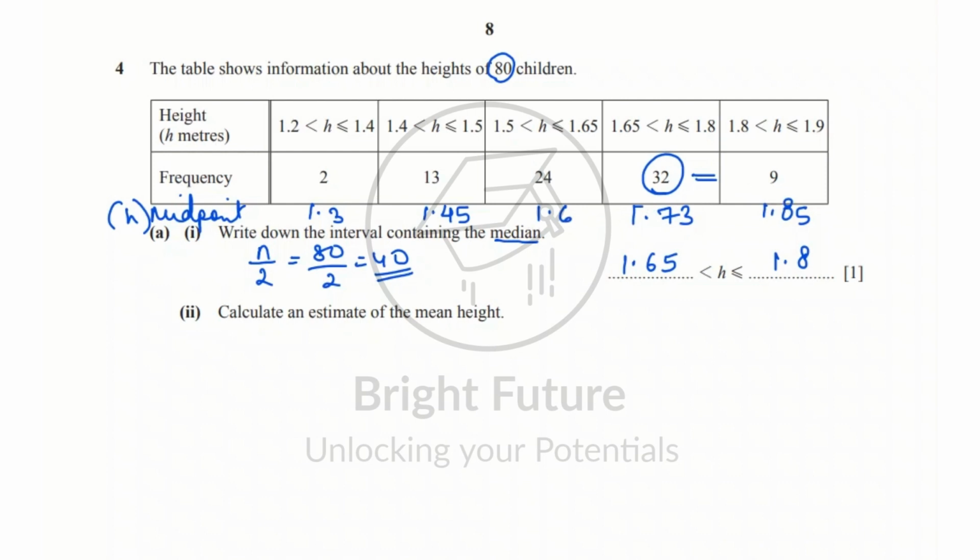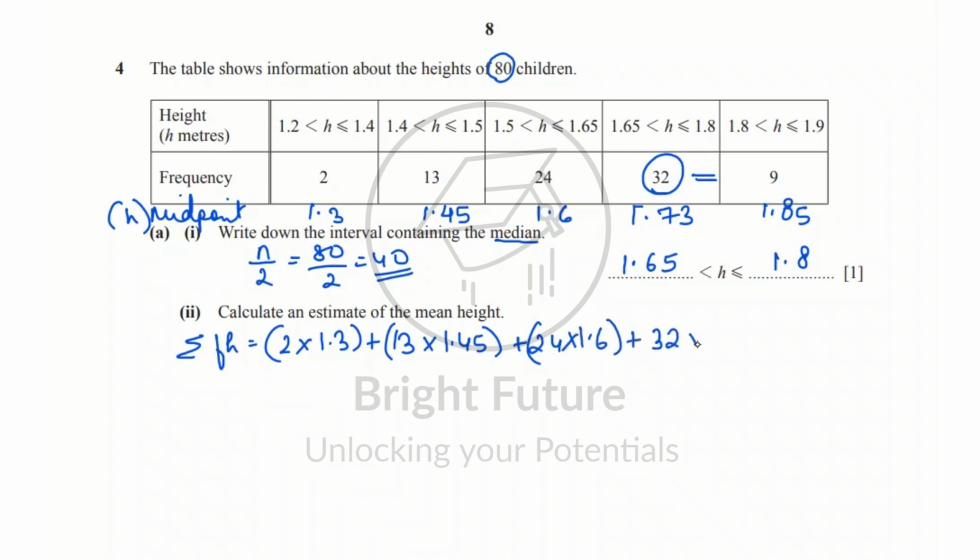Okay, so summation of f into h, so it's going to be 2 into 1.3 plus 13 into 1.45 plus 24 into 1.6 plus 32 into 1.73 plus 9 into 1.85. Okay, do the calculations.